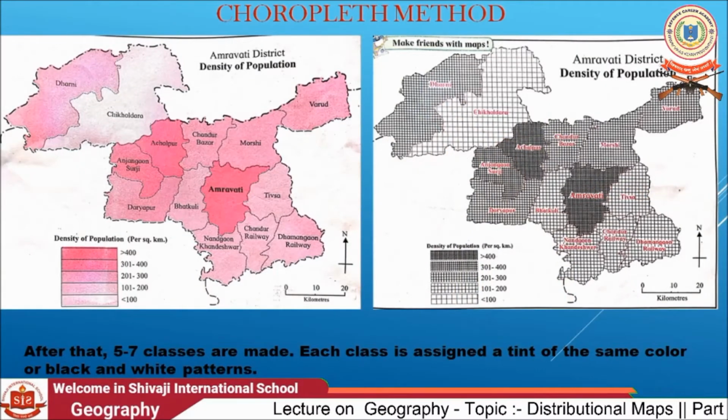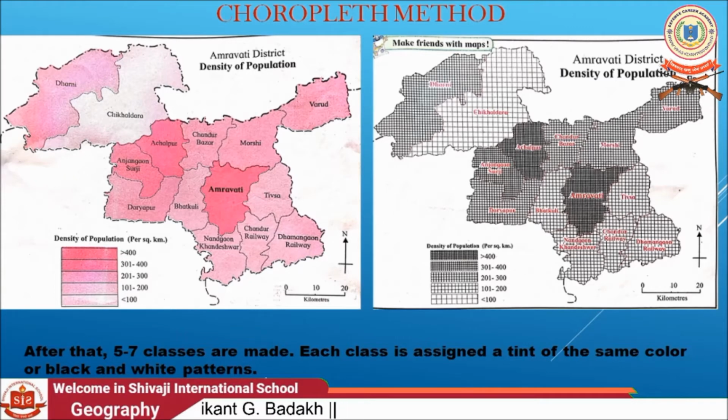So, students, here is the choropleth method. By using colors and tints or black and white shades, we are going to show the population density of Amravati district. After that 5 to 7 classes are made, and each class is assigned a tint of the same color or black and white pattern.